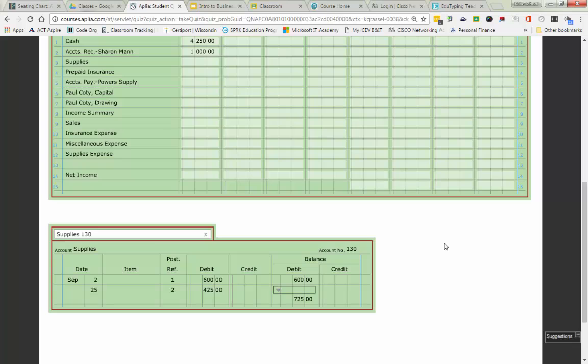It's kind of obvious because when there's a mistake, there's an option for you to fix the correct number right here. So we can see that supplies had 600 and then we were debiting it for another 425. Excuse me. So the balance of supplies should be 1,025, not 725. So I'm going to put that up on top.